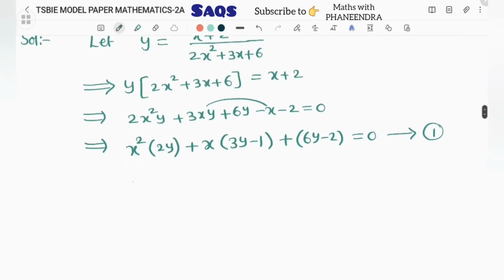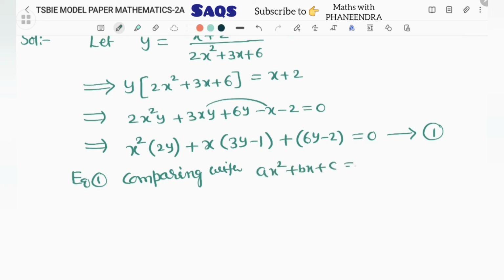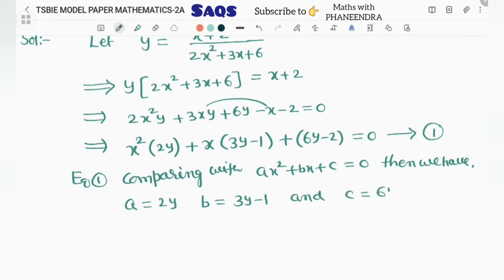So this you have to compare with equation 1, comparing with ax square plus bx plus c is equal to 0. Then we have the values. a is equal to 2y, b is equal to 3y minus 1, and c is equal to 6y minus 2.